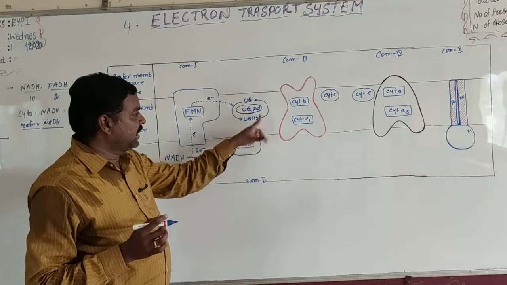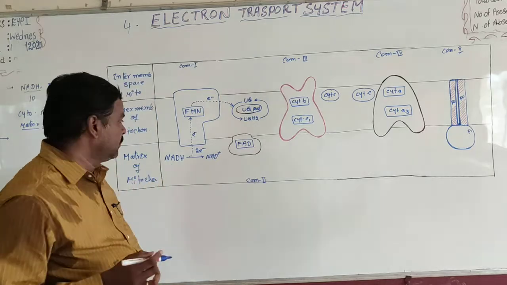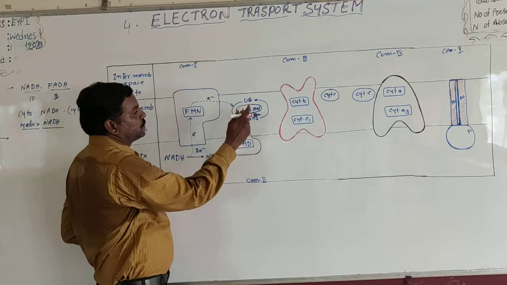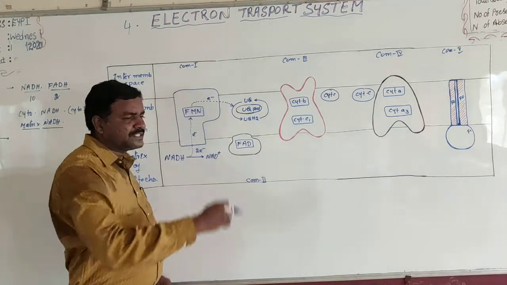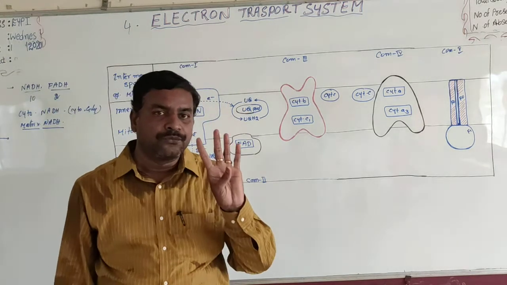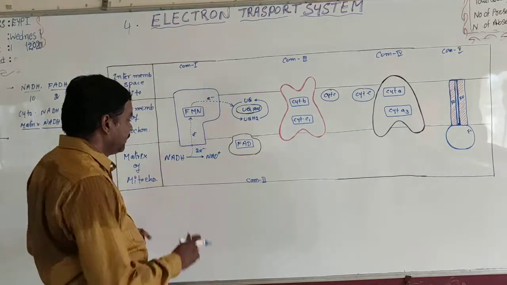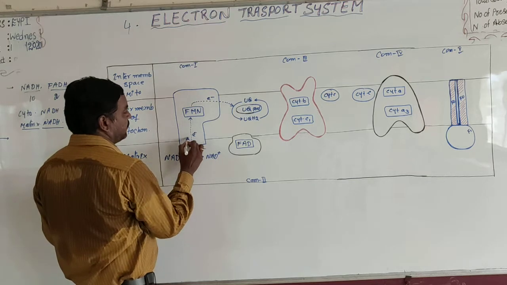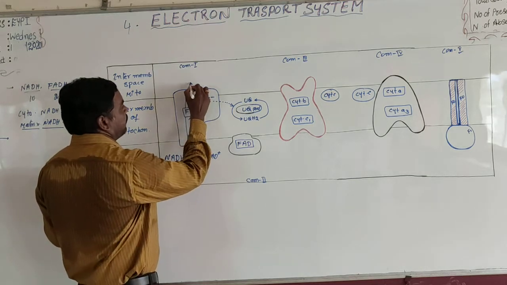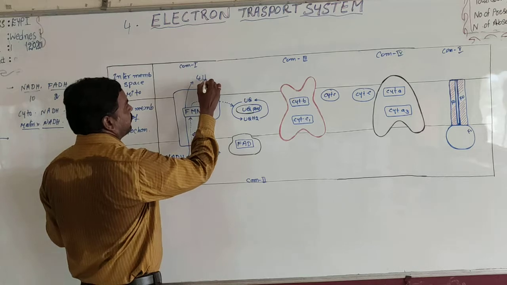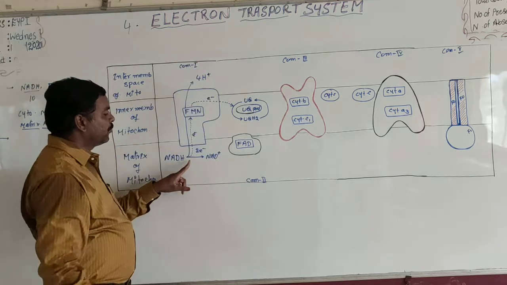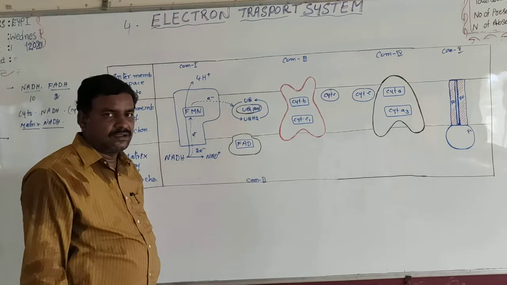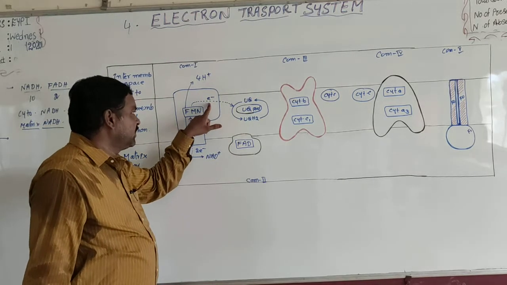The transfer of a pair of electrons from complex 1 to ubiquinone also facilitates the transfer of a total of 4 H+ from matrix to intermembrane space.